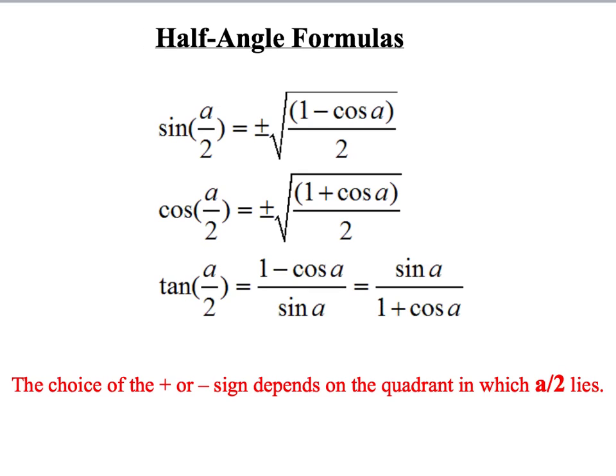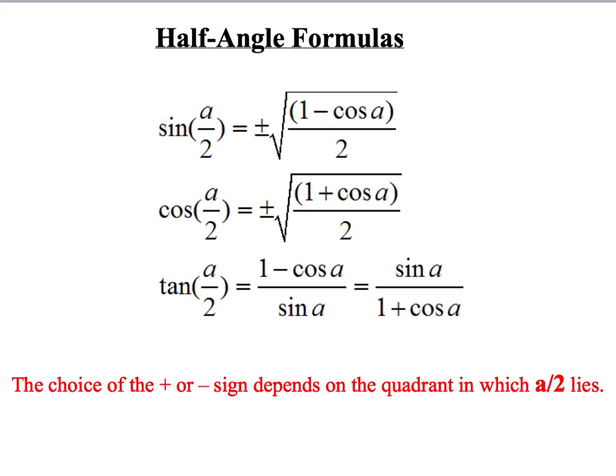The half angle formulas, once again: if you know the sine, cosine, or tangent of angle A, then we can use these formulas to find the sine, cosine, or tangent of half that angle. What you have to be careful of is that with both sine and cosine, you have a decision to make in terms of positive or negative.